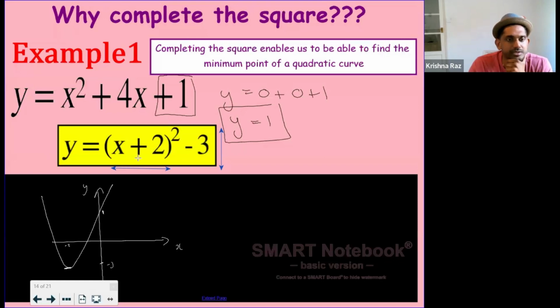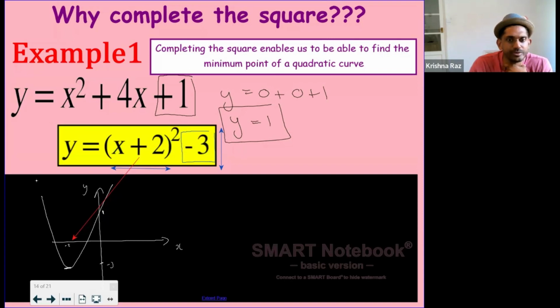So even though it says a +2, you'd expect the graph to move right 2 units. It doesn't. You can see here it's moved left 2 units. The number that is outside the bracket, however, will do as you expect it to do. It says it's going down 3, and it does indeed move down 3.